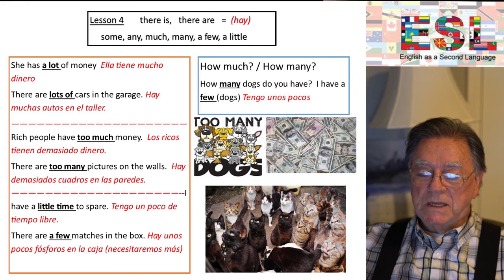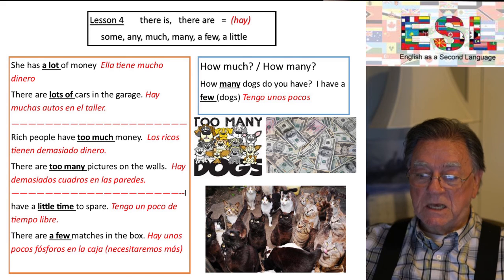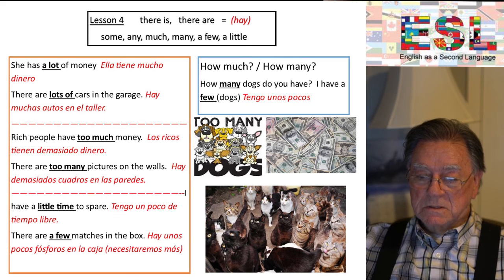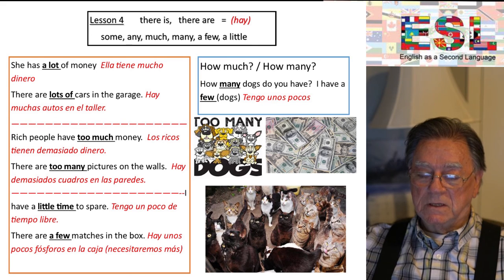Demasiado gatos. You get too many cats, you've got to buy a lot of food, or they have to eat a lot of ratas.